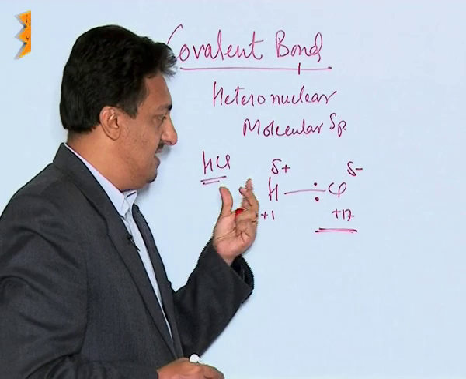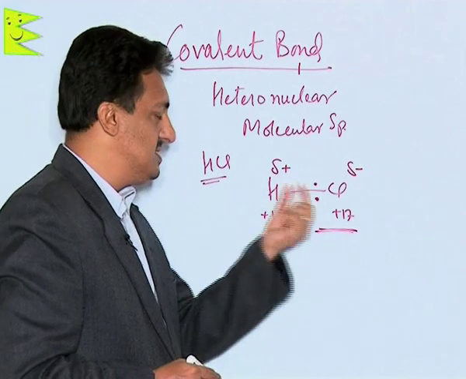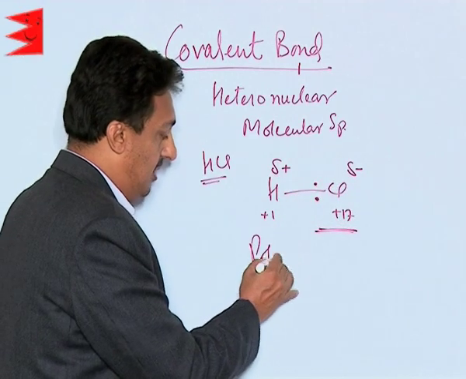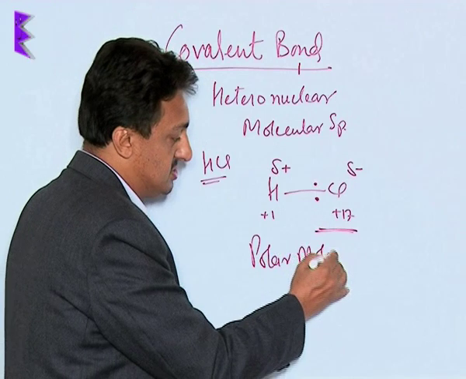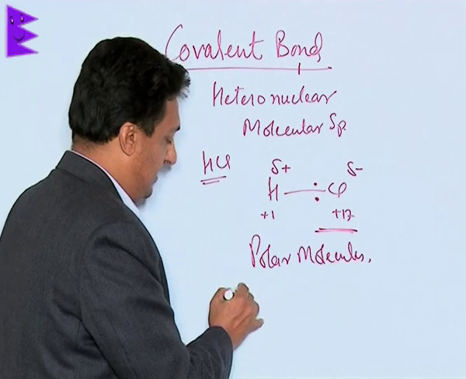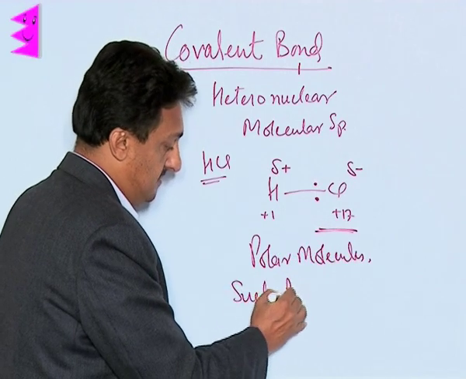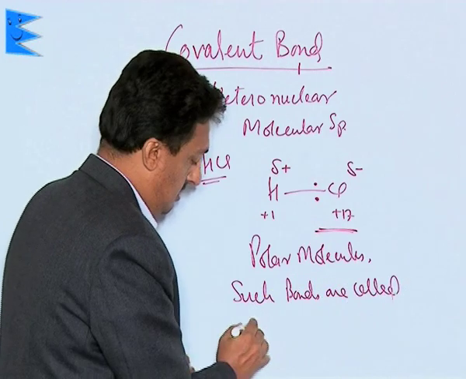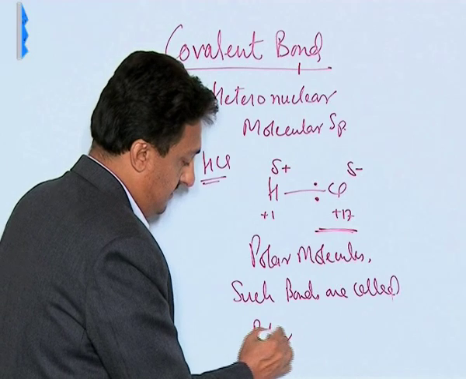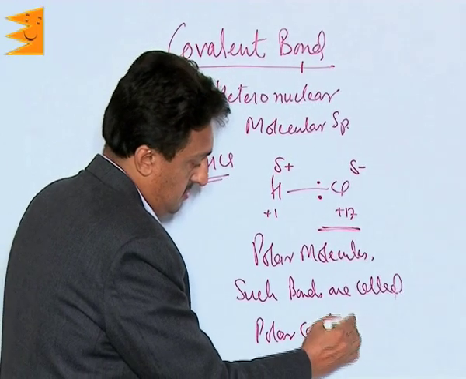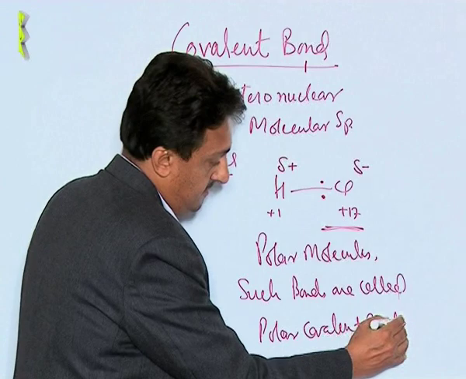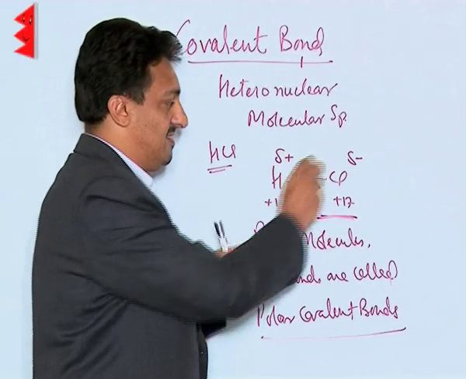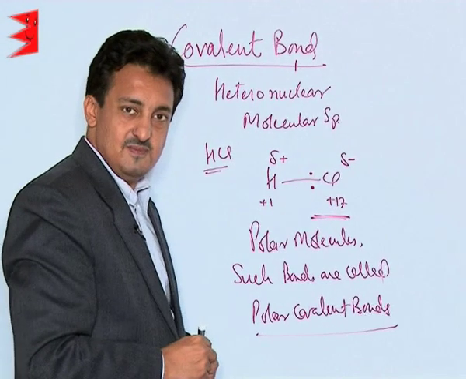As a result, these types of molecules, since they develop both negative and positive charges, are called polar molecules, and such bonds are called polar covalent bonds because they have polarity. Polarity means existence of plus and minus charges.